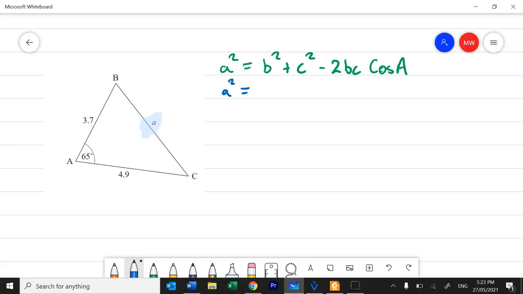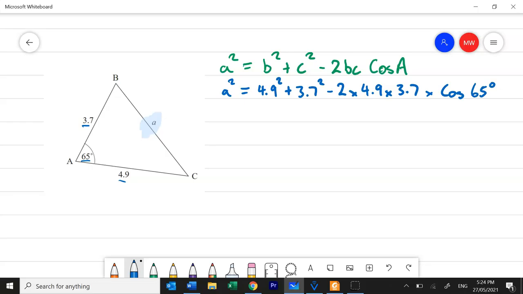We can see that b squared is 4.9 squared. We can see that c squared is 3.7 squared, minus 2 times b, which is 4.9, times c, which is 3.7. So I'm just getting all these numbers from here, basically, all multiplied by cos A, which is 65 degrees.